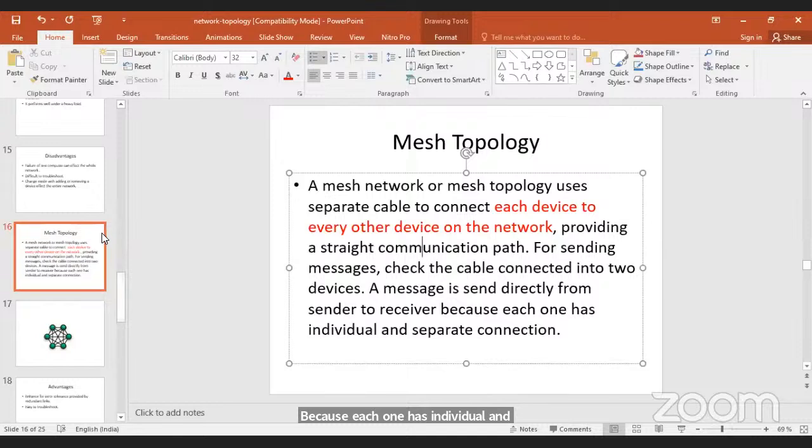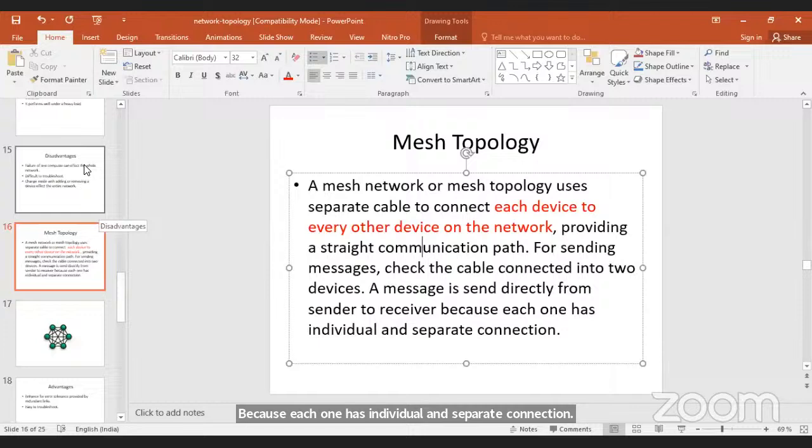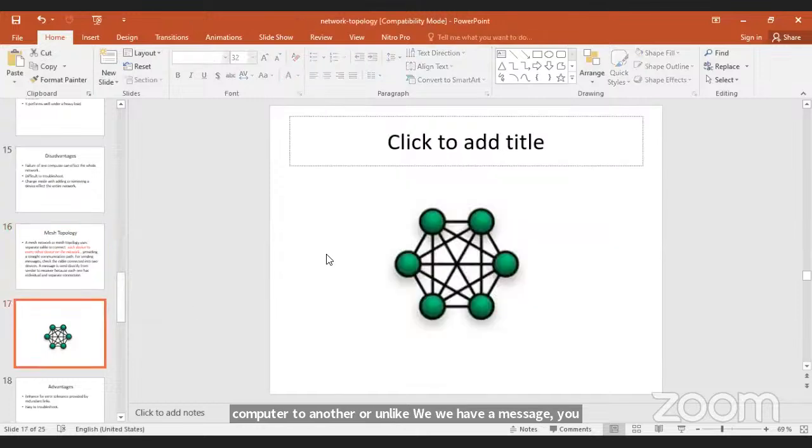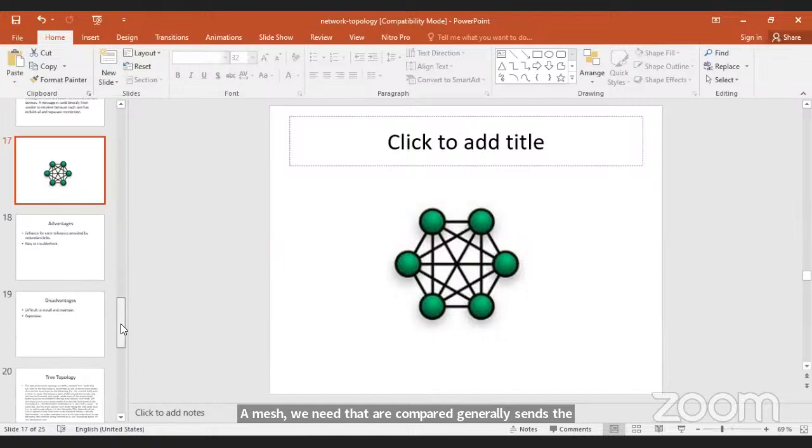So unlike hub, star, or ring, where a message needs to pass from one computer to another, in a mesh a computer generally sends the message directly to the next receiver without going in loops from one computer to another.